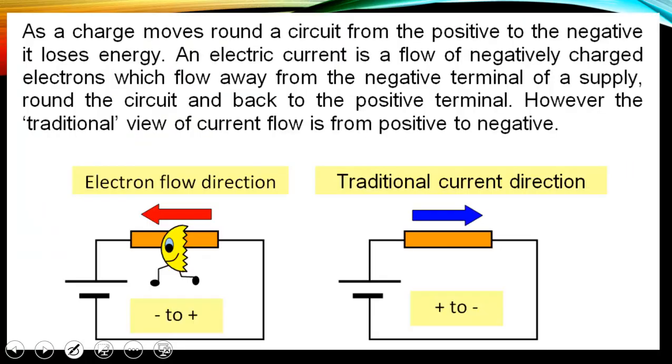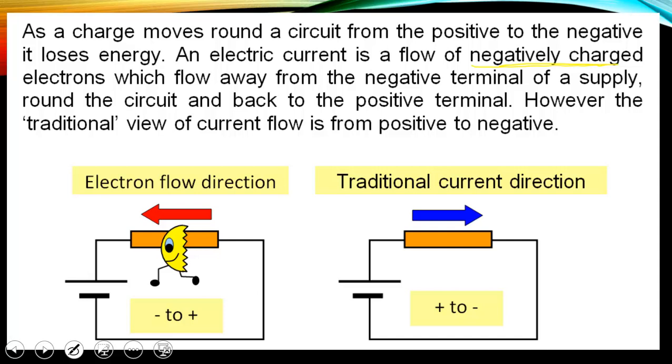As the charge moves around the circuit from the positive to the negative, it loses energy. An electric current is the flow of negatively charged electrons, which flow away from the negative terminal of the supply or the battery, around the circuit and back to the positive terminal.